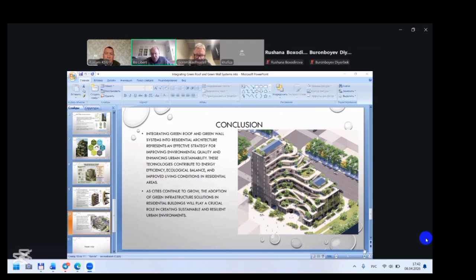Maybe you could also have mentioned some places where, in practical terms, these green roofs and green walls have been tested and implemented. Otherwise it was a nice package of a new area for me, so I enjoyed the presentation from that perspective.